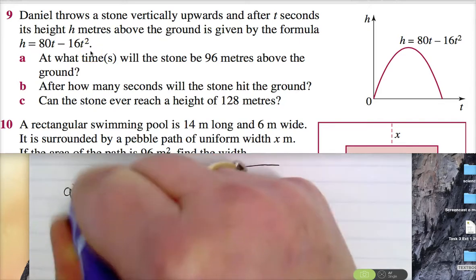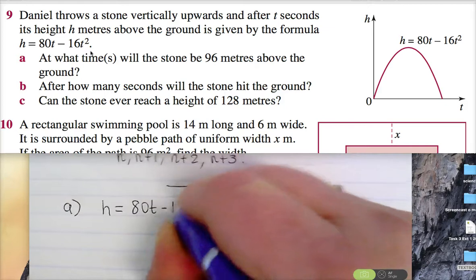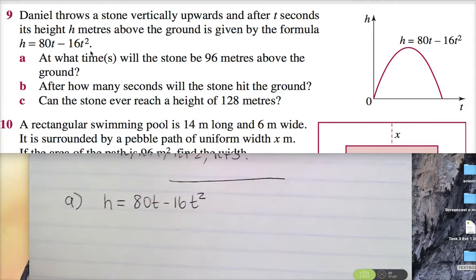So girls, if I take this question and I have my equation, what do you think it's asking me to substitute in part 1? At what time, in other words, time is t, at what time will the height of the stone be 96 meters above the ground? Where do I substitute the 96?